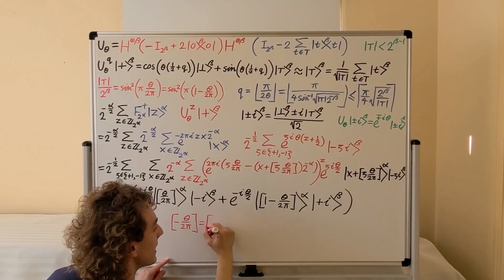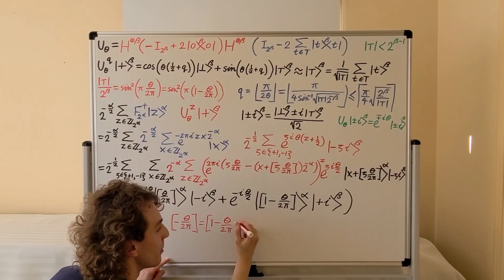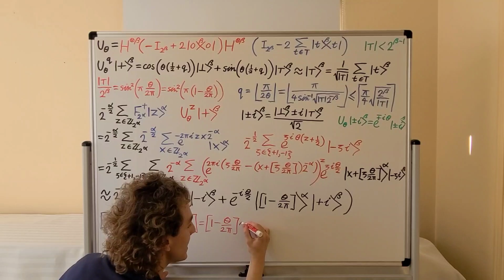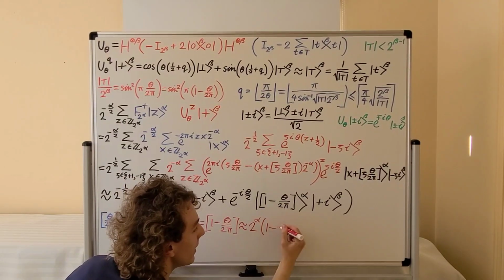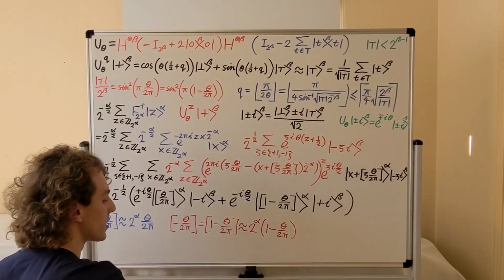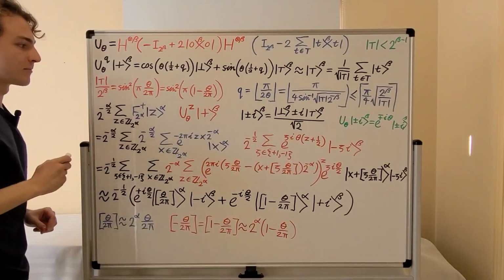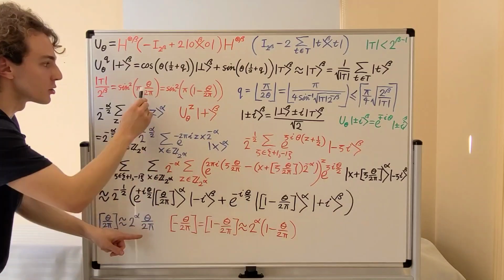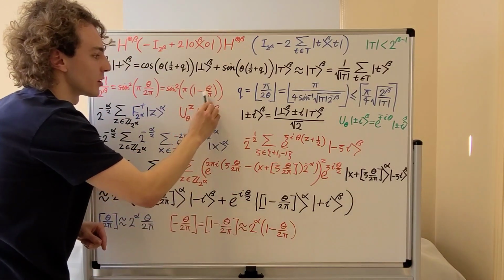That is equal to the alpha bit approximation of 1 minus theta on 2 pi, because we're doing modular arithmetic, mod 2 to the alpha. And this is approximately equal to 2 to the alpha times 1 minus theta on 2 pi. So that allows us to construct an expression for the number of targets. We can either substitute this approximation for theta on 2 pi, or we can substitute this approximation for 1 minus theta on 2 pi.